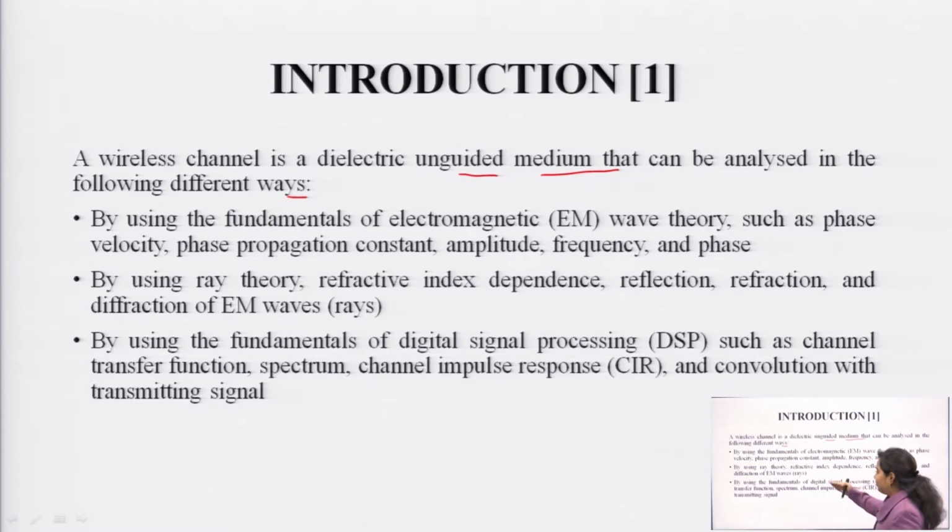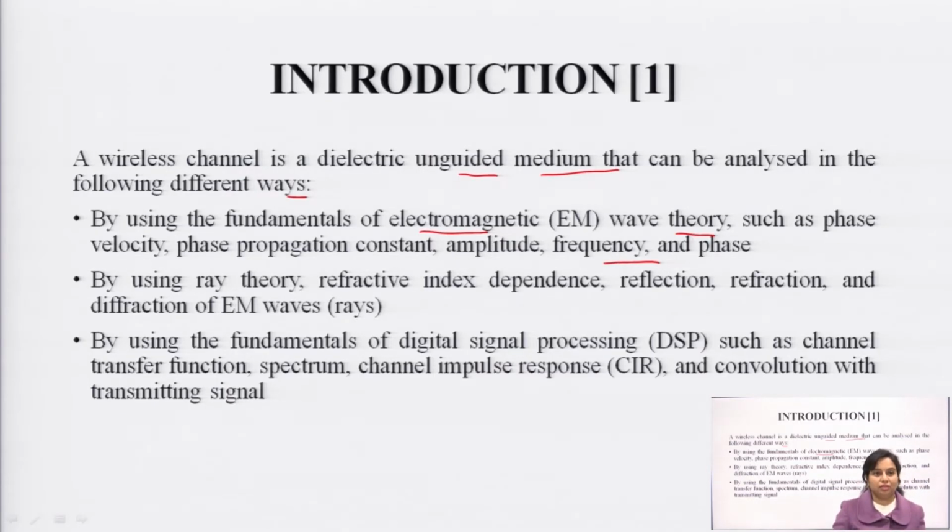There are three different ways in which we can model a channel that is an unguided medium. The first one is by using the fundamentals of electromagnetic wave theory, that is phase velocity, phase propagation constant, amplitude, frequency and phase.